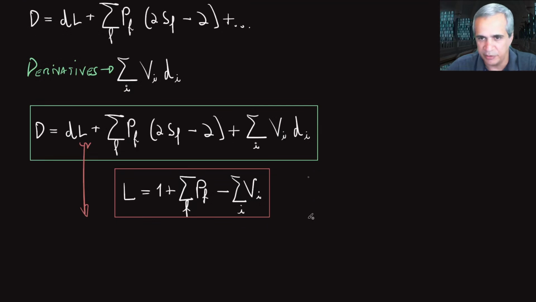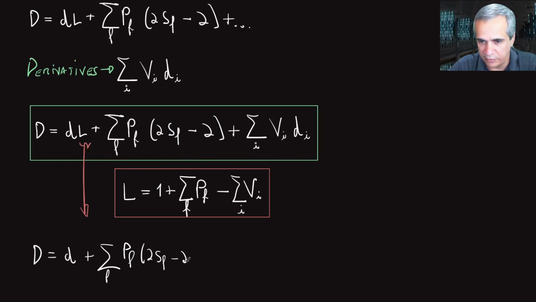That's just algebra, and what I'll get is D is equal to d space-time dimensions, right? This is just d times 1 from here. D times this term I'll group with the propagators here, so I'll get the sum over f of pf times 2sf minus 2 plus now the contribution from here, so plus d.